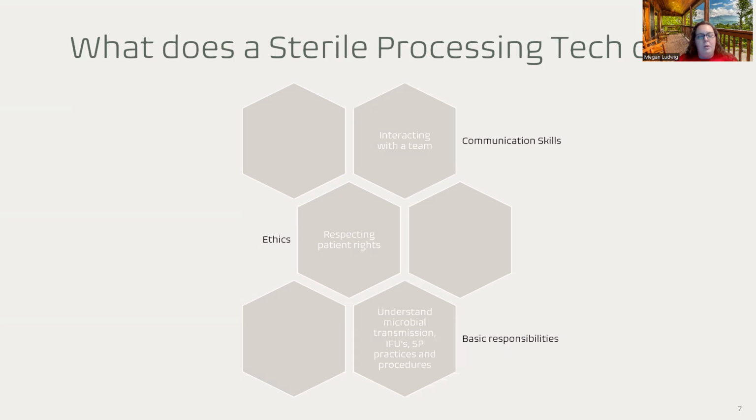You also have to communicate with OR staff or the OB department. Every department that would utilize your services, you have to communicate with them. If you are out of a particular item that you know the OR needs that particular day, you're going to contact them. So you have to have good communication skills.